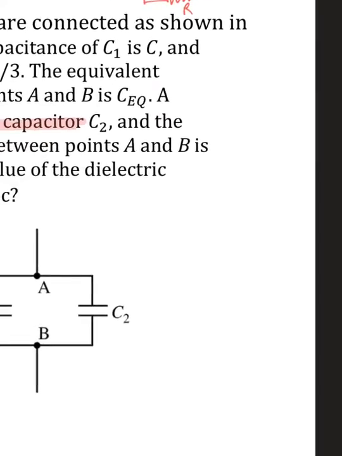If you remember, we did this last term in the previous chapter. C dash, this is with dielectric, is equal to K C, and this C is without dielectric.